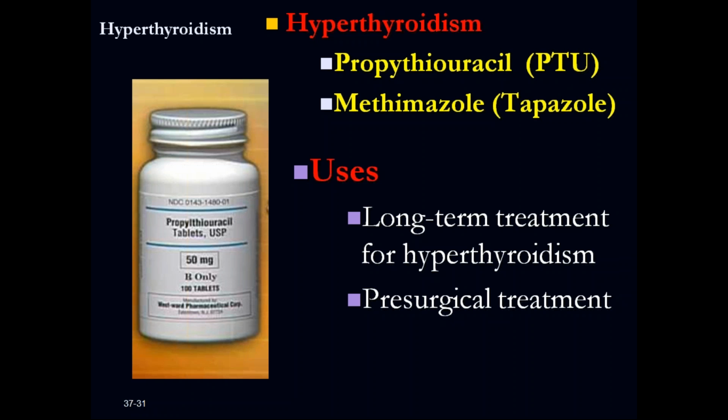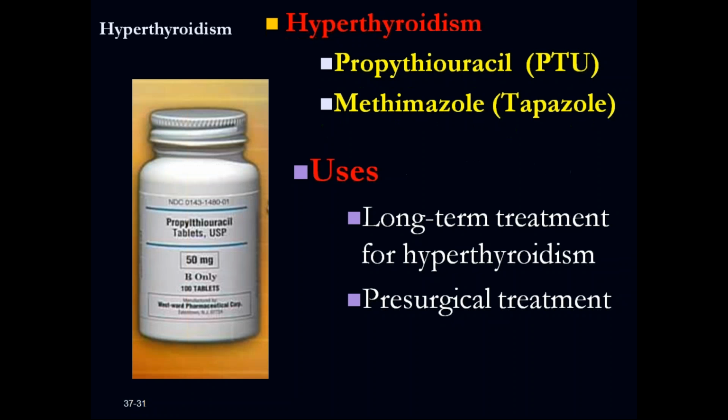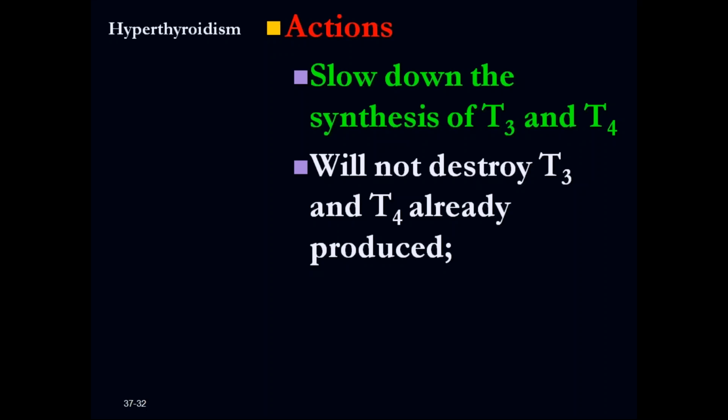PTU or Tapazole are going to decrease the production of more T3 and T4, but they are not going to affect the already existing T3 and T4 in the body. So that's why it takes a while to take effect. Slow down the synthesis of T3 and T4.